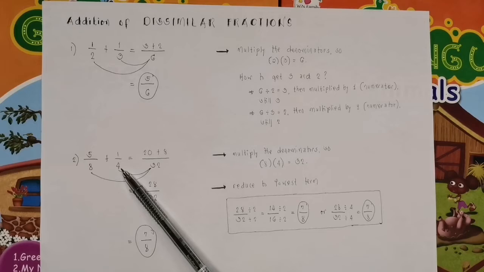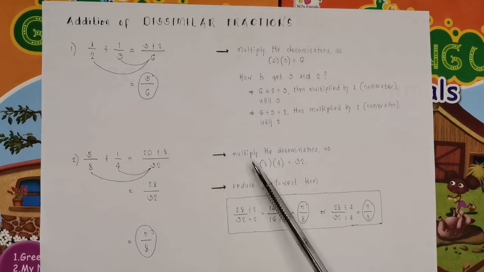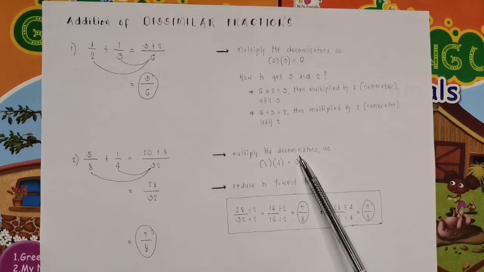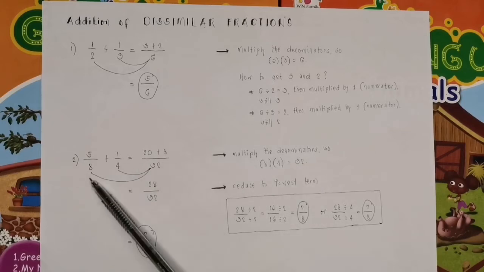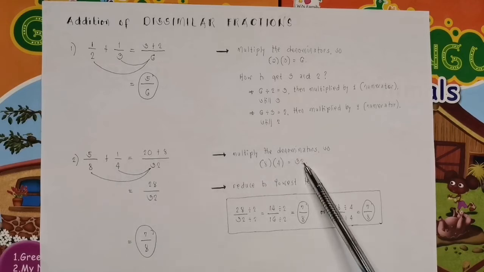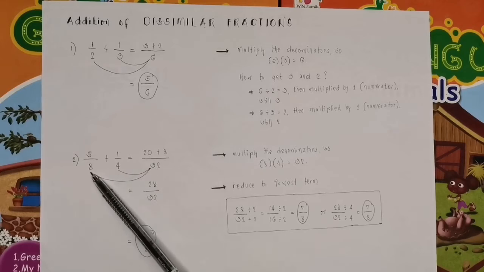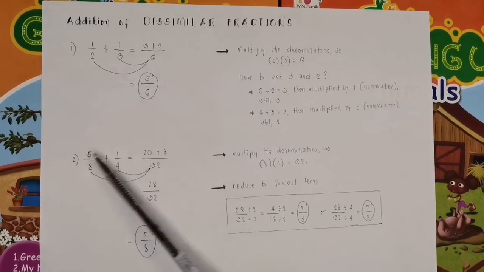Okay. Next example, we have 5/8 plus 1/4. Again, simply multiply the denominators. Anyway, at the end of the process, you can always reduce to the lowest term. So we have 8 times 4, that is 32. 32 divided by 8, we have 4. 4 times 5, that is 20.